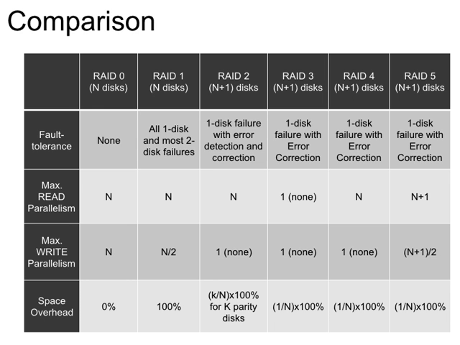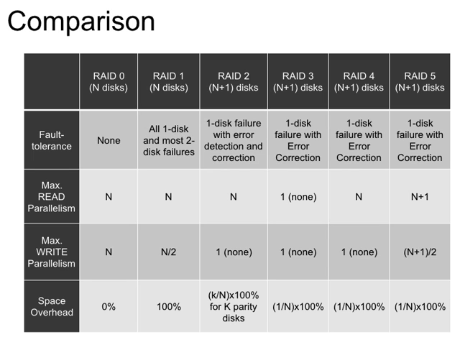So let's take a quick look at the various ways in which different RAID levels compare against each other. With RAID 0 and RAID 1, we are assuming we have n disks. With RAID 2, 3, 4, and 5, we are assuming we have n plus 1 disks. So in terms of fault tolerance, RAID 0 doesn't offer any fault tolerance.